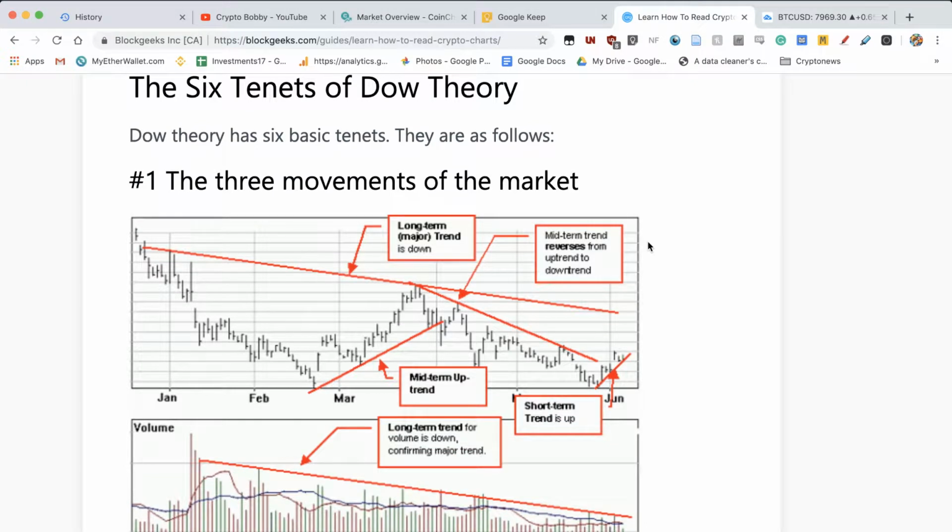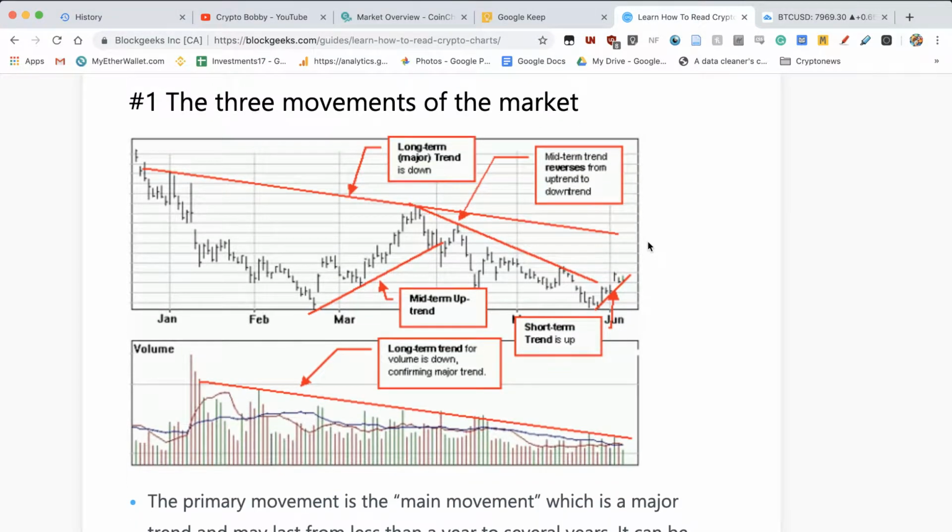The 6 tenets, or principles, of Dow Theory are as follows. The 3 movements of the market. These are the important movements of the market. You've got a long-term trend. This would be a bearish long-term downtrend. Then you can have a mid-term uptrend, which would be a bullish mid-term uptrend, as you can see here, and a bearish mid-term downtrend.